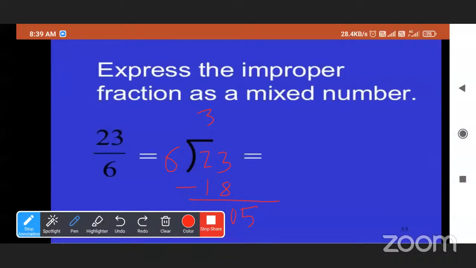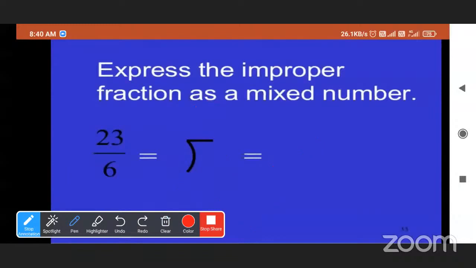No. We have to write the quotient. See here, this is the quotient, so this is the whole number. And the remainder is the numerator and the denominator is the same. See here, 3 and 5 upon 6 is our mixed number.